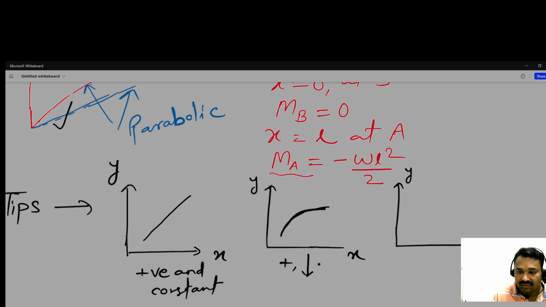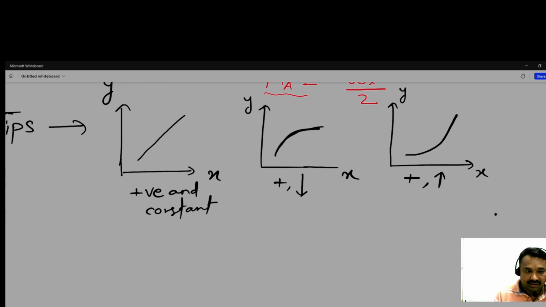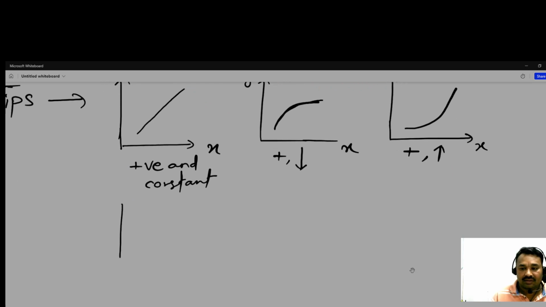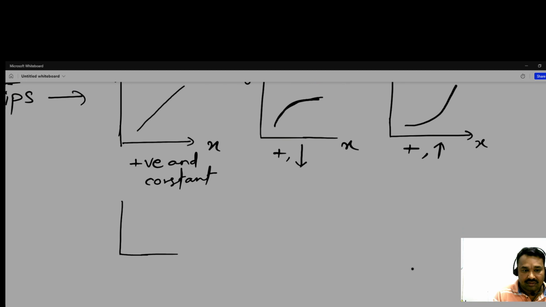So the moment value is positive and the magnitude is increasing. Then this one, similarly, x, y, and this one, if the magnitude is negative and constant.